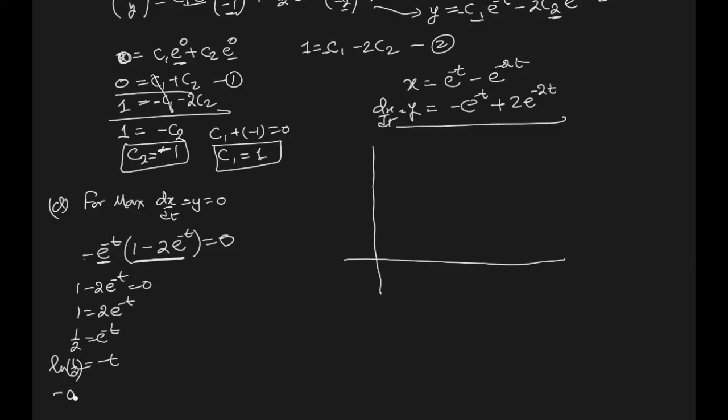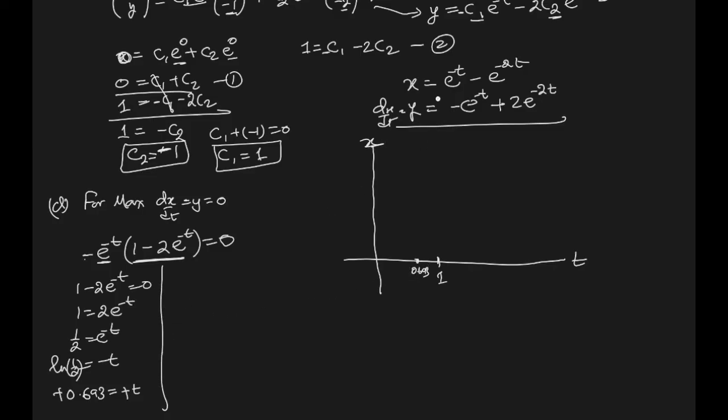Natural log of half is negative 0.693, equal to negative t, so the negatives cancel: t is 0.693. Suppose this is 1, then 0.693 will be somewhere here. Mind it, it is t, not x or y. They want a graph of x against t, and that's what I'm doing. So I need to find x for 0.693.